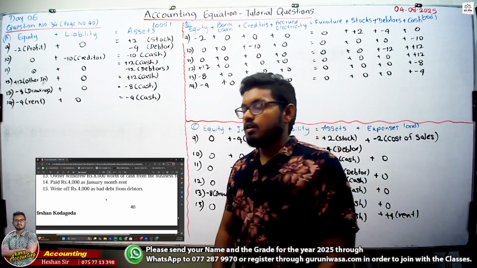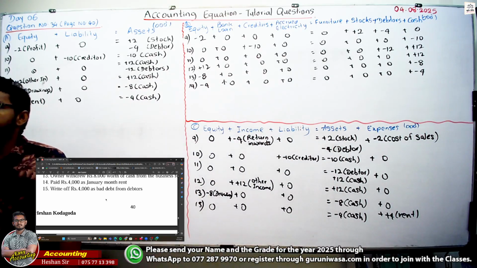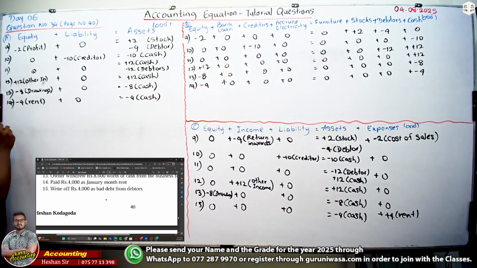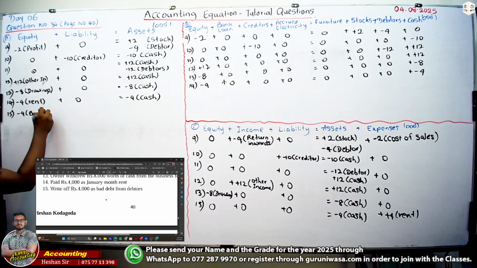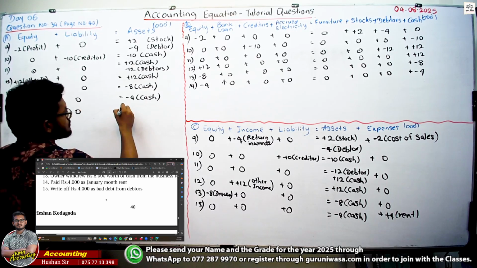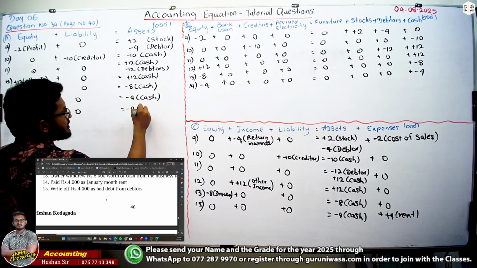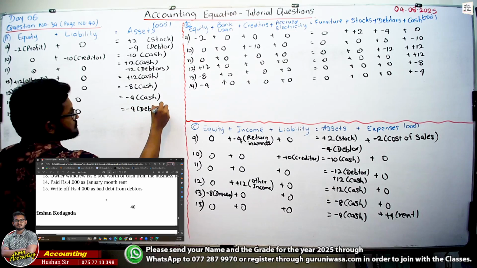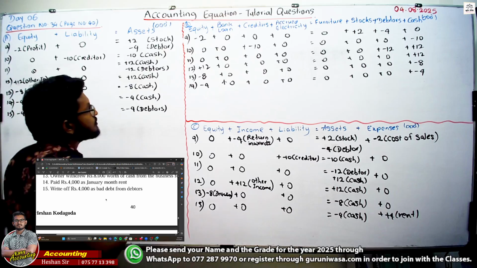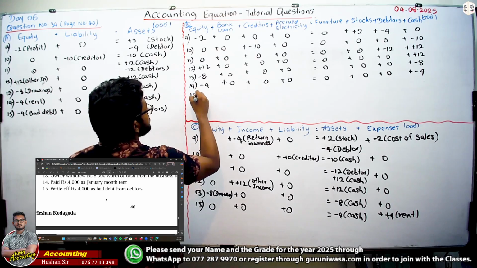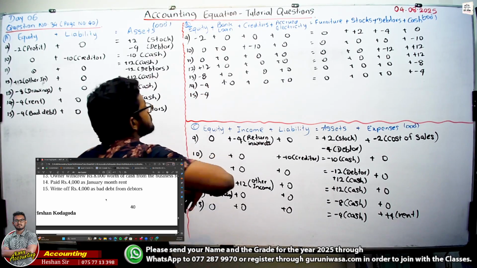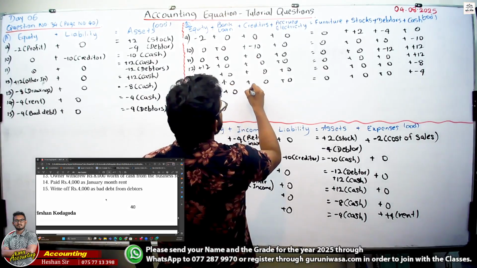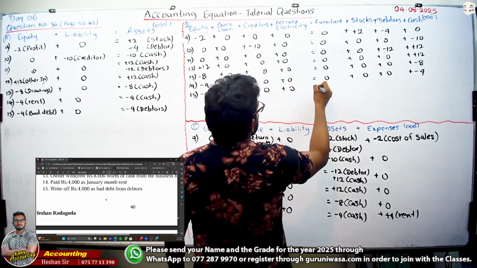15. Write off 4,000 as bad debt from debtors. Minus 4,000 as bad debt. Decrease 4,000 as debtor. Number 15, equity decrease 4,000 because of expense.